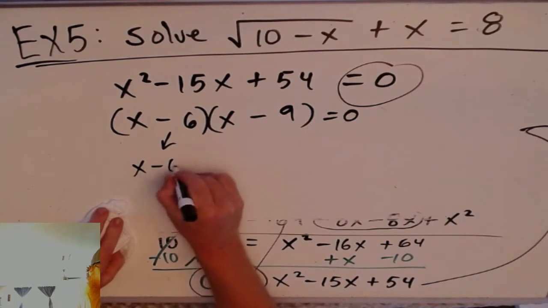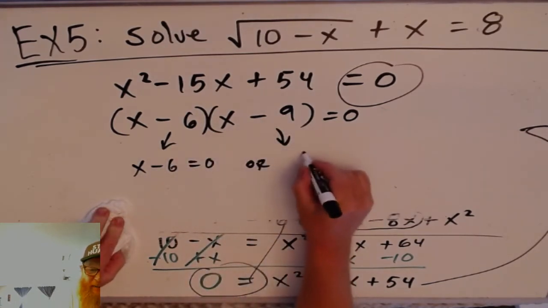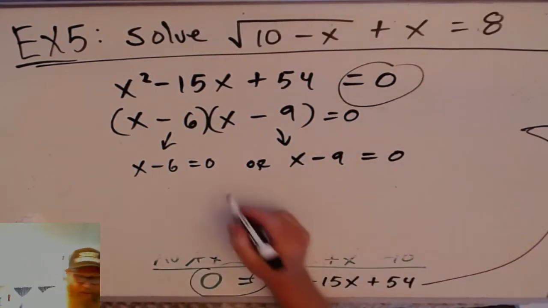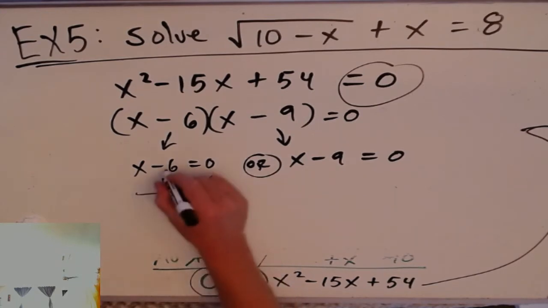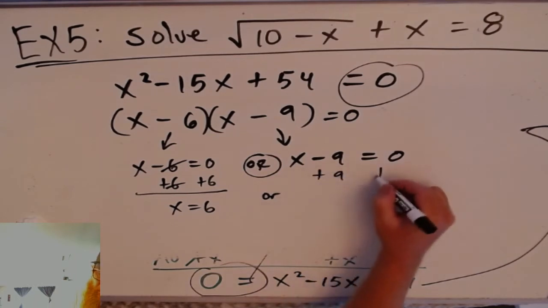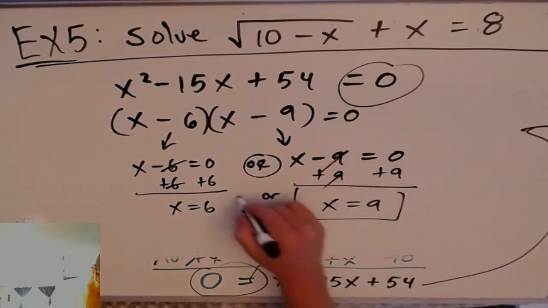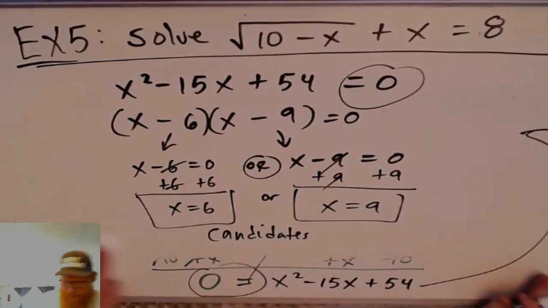So you got x minus 6 equals 0, or x minus 9 equals 0. It's one of the reasons why we say or. There's no guarantee that they're both going to work. So we get our candidates, and we have to check them.